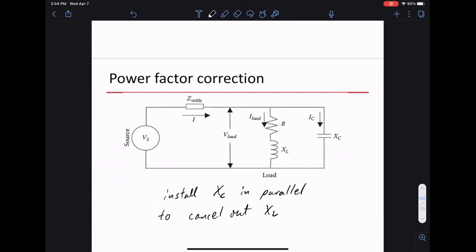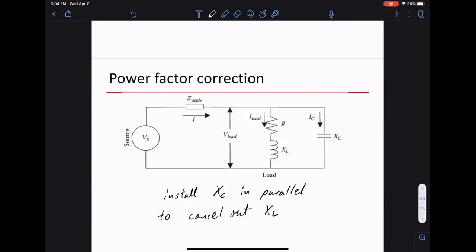The reason that you can add and subtract things like this is because reactive power is just oscillations, right? So I can cancel out oscillations. You cannot do this trick, for example, with resistance because you don't have a negative resistance. But for inductance or capacitance, you can add and subtract.